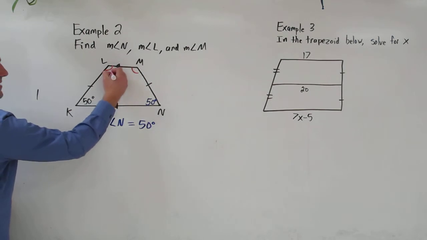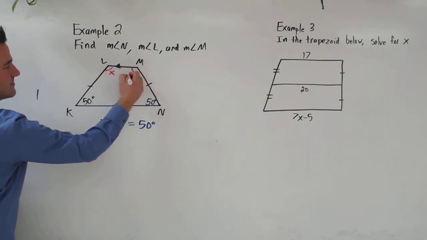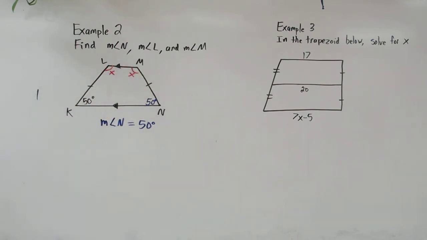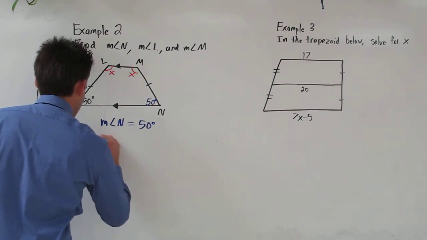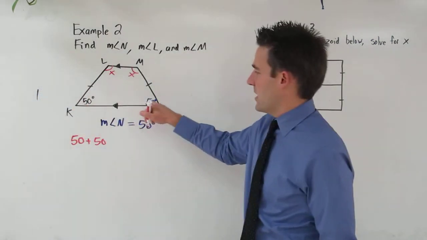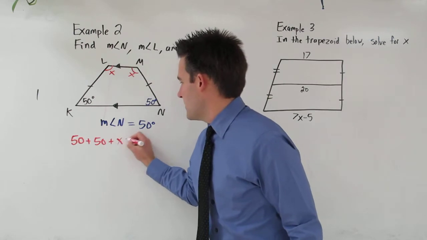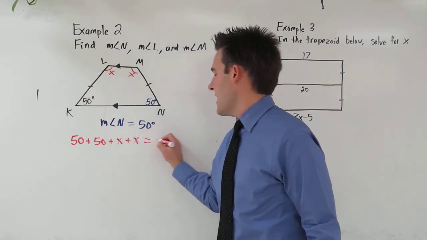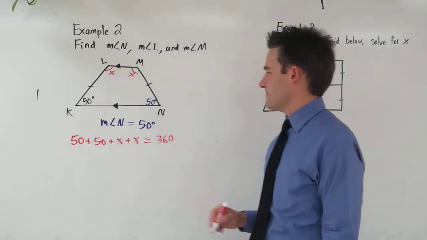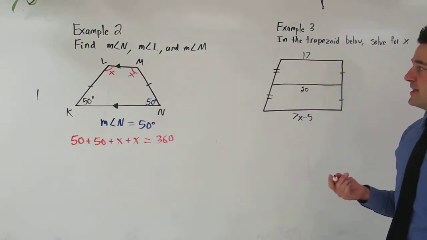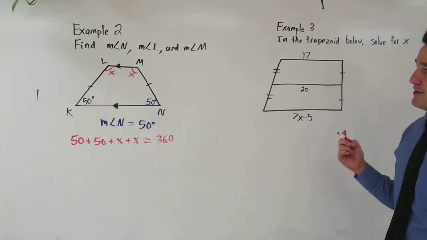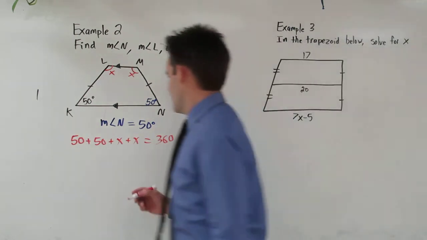Let's call that x. We don't know what x is. But what we do know is the sum of all those angles has to be 360. So we know that 50 plus 50, that's these two angles, plus the two unknown angles, has to add up to 360. If we do some algebra, we can figure out what the unknown angle L and unknown angle M is.